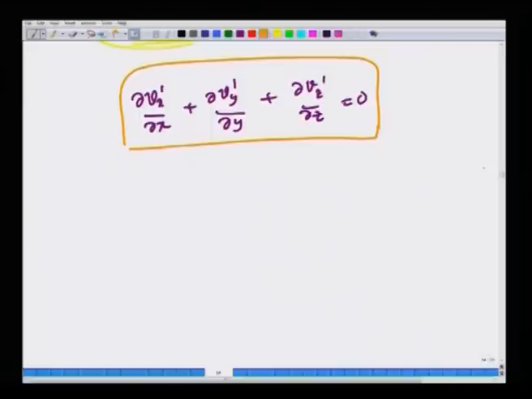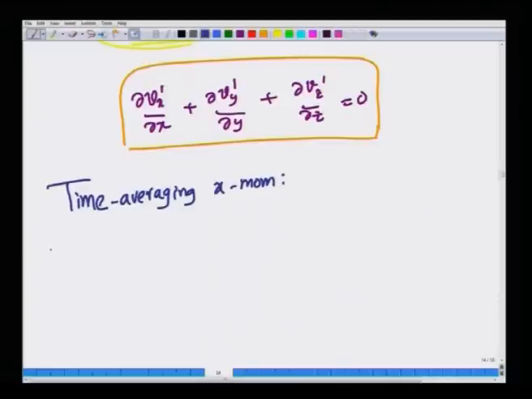Now, we are going to do time averaging of the momentum balance. I am going to specifically take the x momentum balance. First, write the entire x momentum balance in Cartesian coordinates in the x direction.